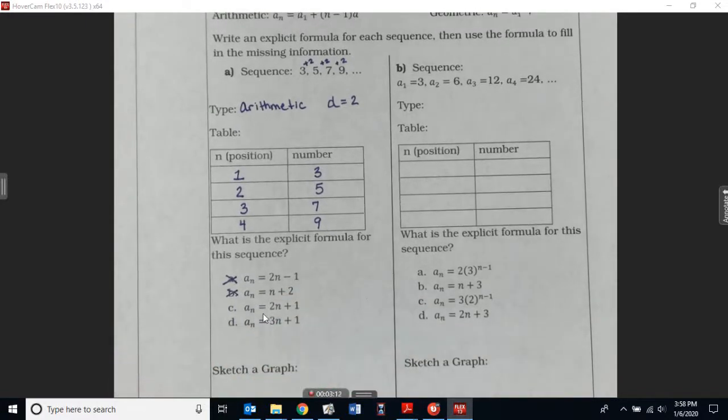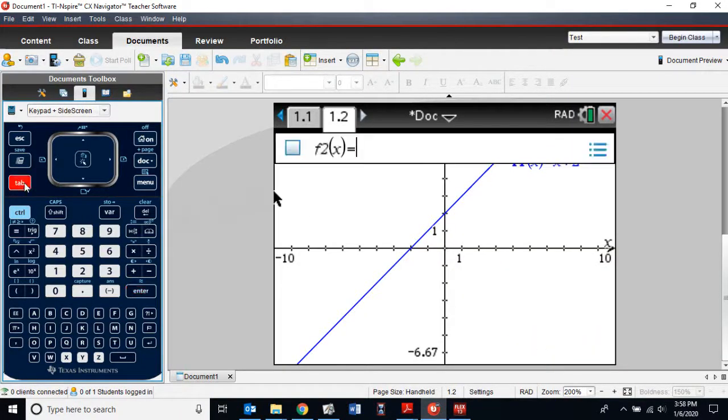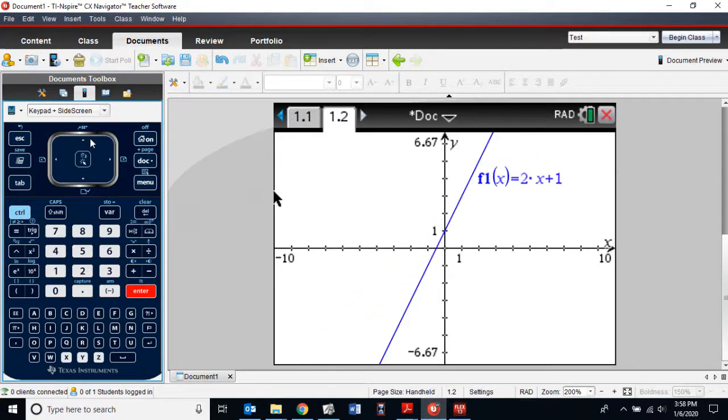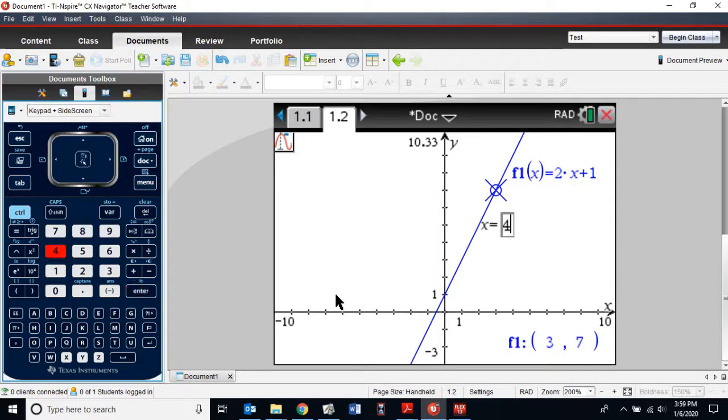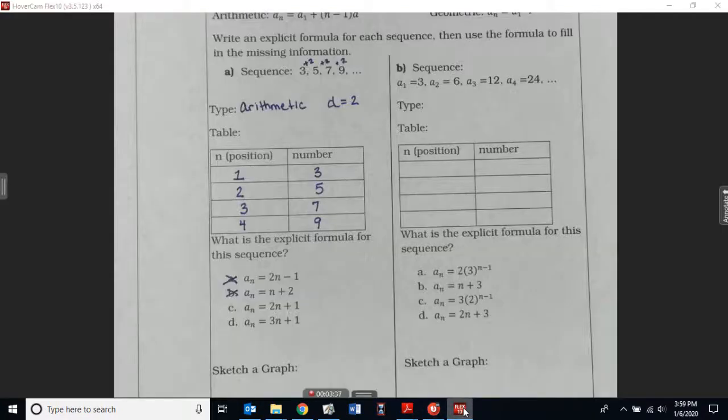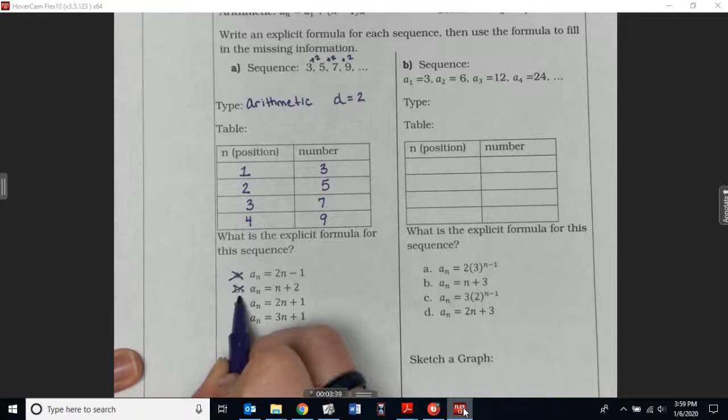And then letter C, 2x plus 1. So let's go change it again. 2x plus 1. And if I do menu 5, 1, well, let's just type in 1. 1 goes to 3. And then if I type in 2, enter, 2 goes to 5, and 3 goes to 7, and 4 goes to 9. So that makes letter C my answer.